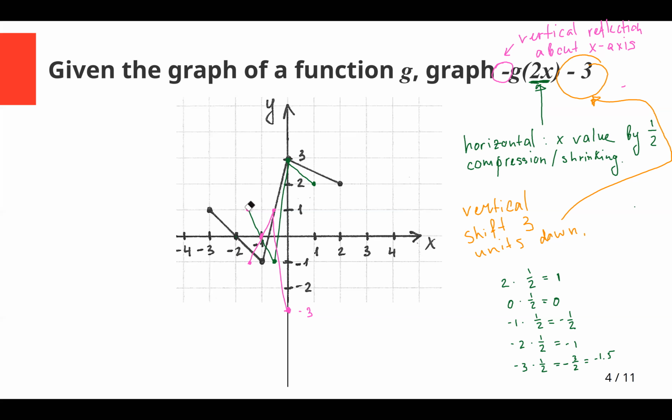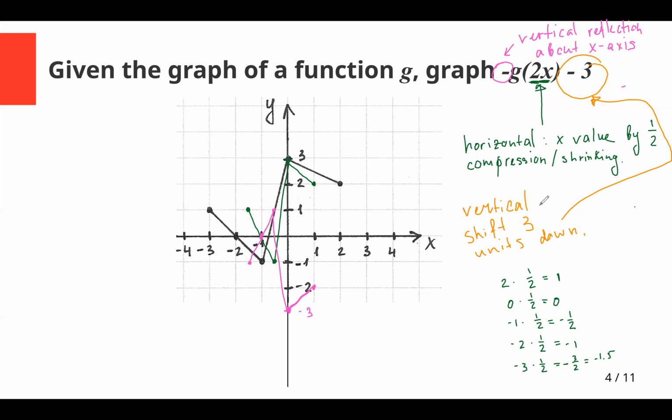Okay, let me do this because I don't want to have the pink one here. This is better. Okay. Now, what happens to this point? It has a value of 2, but it will become negative 2 when I multiply it by negative 1, right? So it goes over here. So this is how the graph is reflected about the x-axis, right? So just imagine flipping it over the x-axis, right?